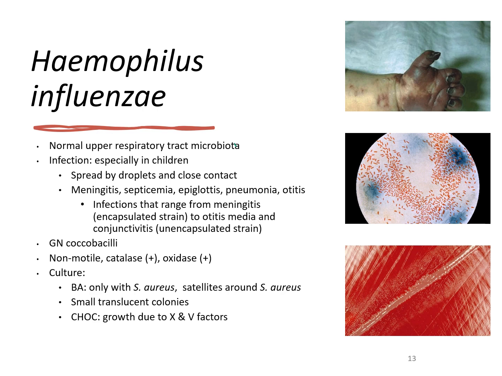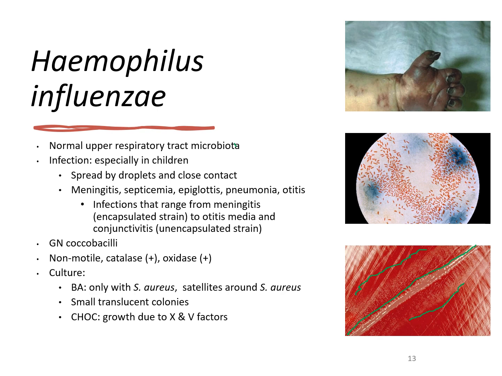So there's a culture streak of Staph aureus down the middle. Then you can see the growth here around the edges, where you have all those small pinpoint colonies that are very translucent, growing because of the V factor produced from that staph.